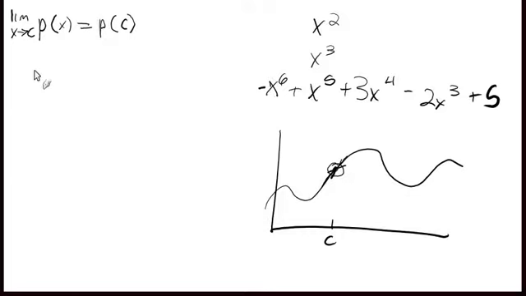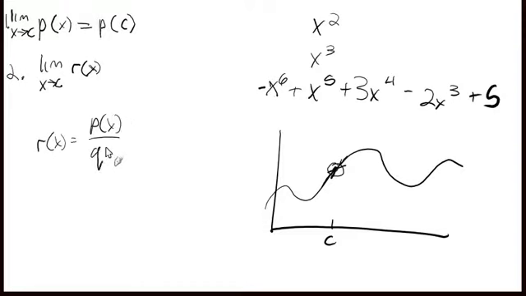And the second part is the limit as x approaches c of r of x. Now this r of x is p of x over q of x, and p and q are just polynomial functions.